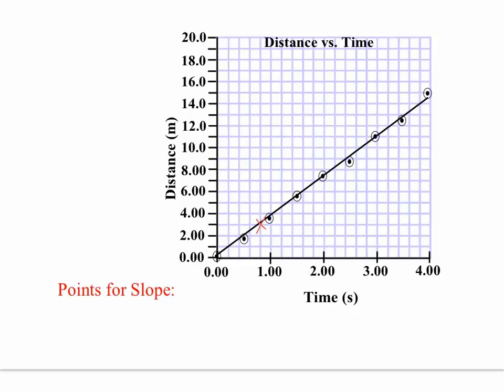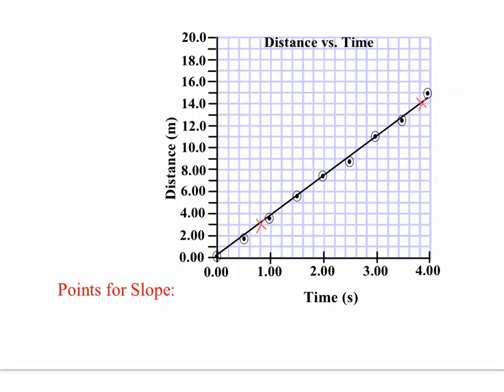So I'm just going to use this little red X here, and then, let me find another one. It's okay that the best fit line crosses your graph axes in a nice convenient location. So I'm trying to pick spots where it looks like my best fit line kind of goes through an intersection on the grid. But we want those points to be nice and spread out.